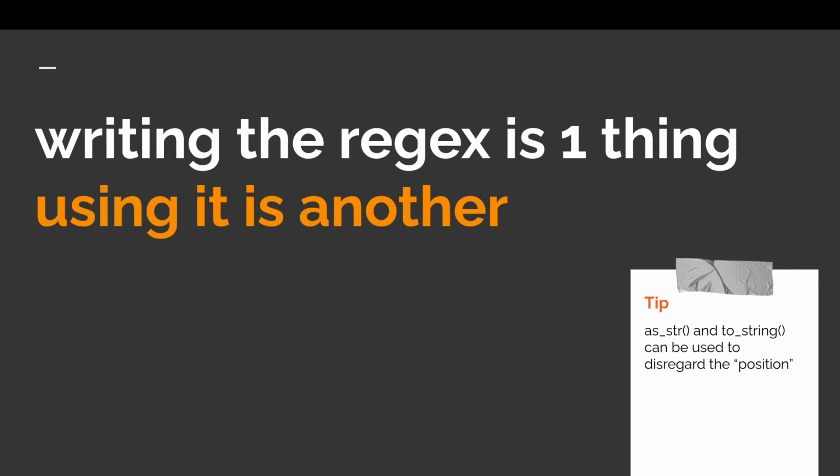I thought I was in the clear once I'd written the expression, but actually using it in Rust is also something else to learn. And to get what you need, you actually have to use as_str and to_string, so it disregards the position. I'll show you what I mean in a second.